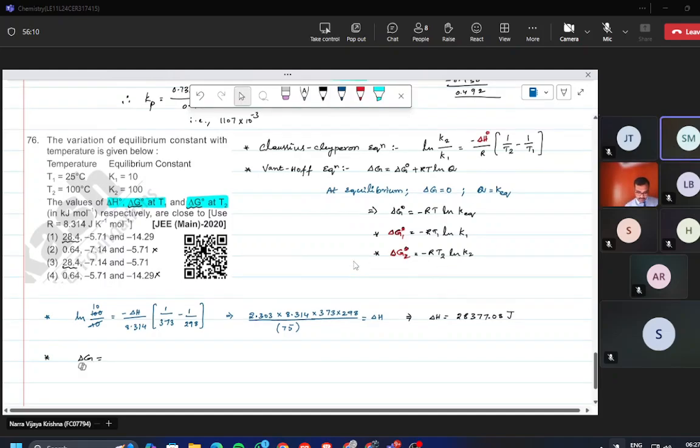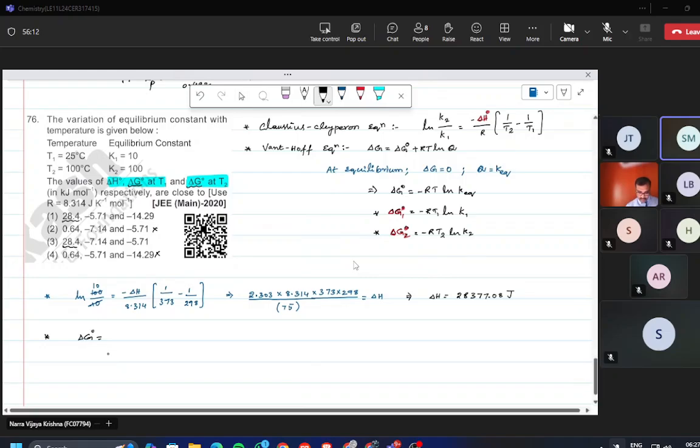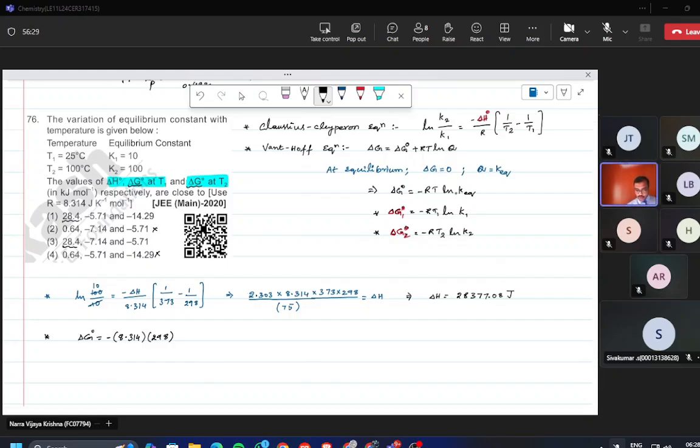Sir, delta G1 value is coming, sir, 5.71. Delta G2 you are not getting. No, sir. Delta G2 to do. Okay. 8.314 into T is 298 into ln 10, means 2.303. Correct? So 2.303 into 298 into 8.314.